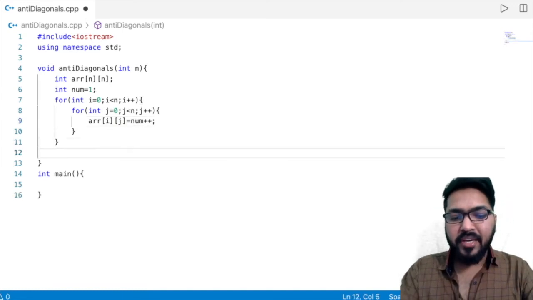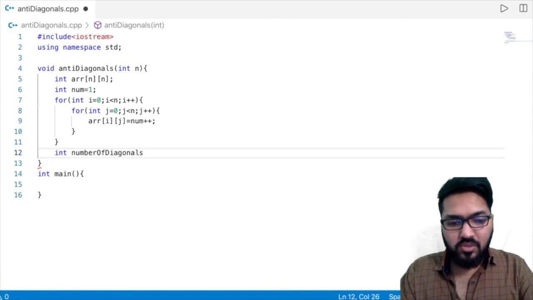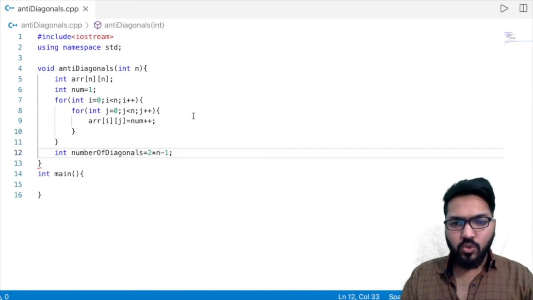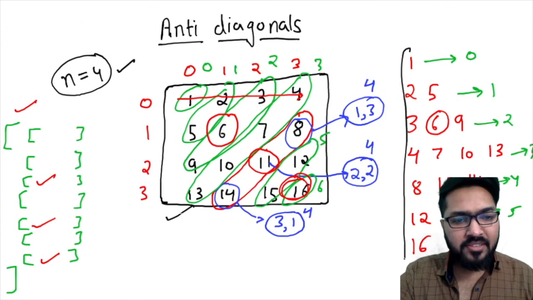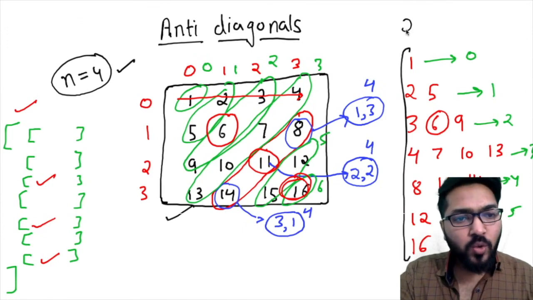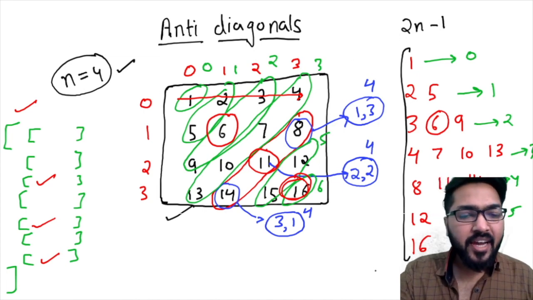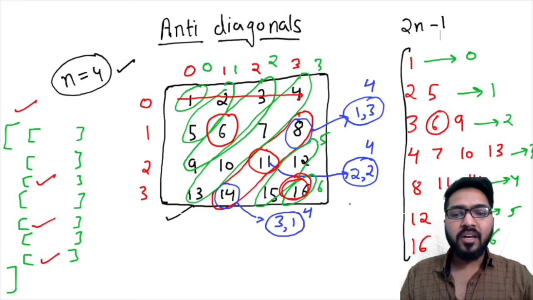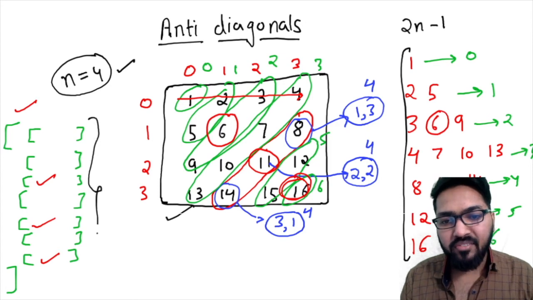Now let's make another variable, int number of diagonals. So those are going to be 2 into n minus 1. Okay, so what does that mean? Basically the number of diagonals is going to be 2n minus 1. जैसे यहाँ पे n 4 था तो 7 डायगनल्स निकल के आए थे, एंड जितने हमारे डायगनल्स निकल के आएंगे उतना ही मेरे 2D वेक्टर्स में वेक्टर्स होने चाहिए.